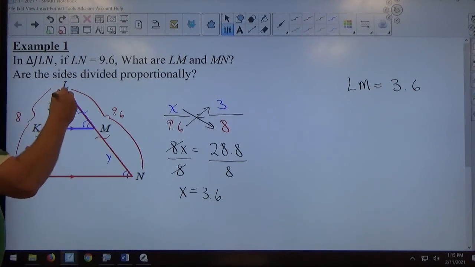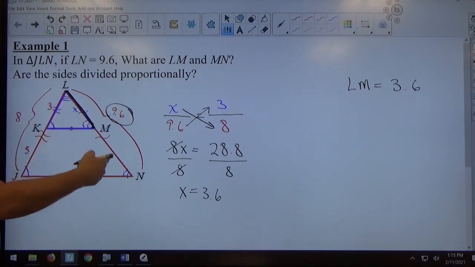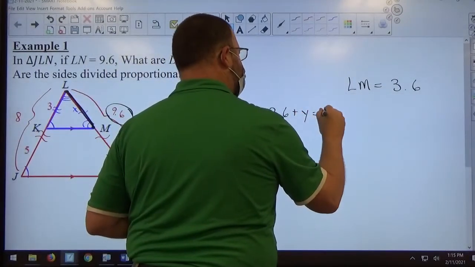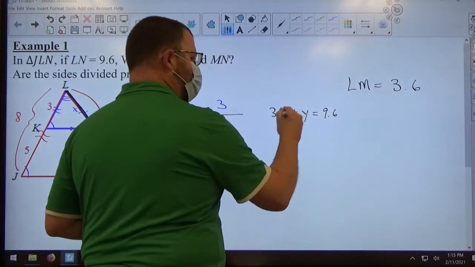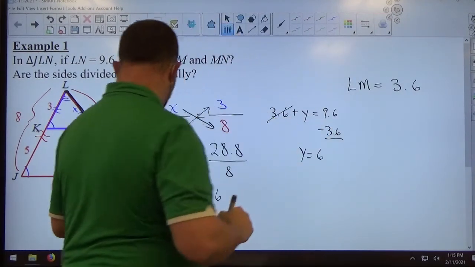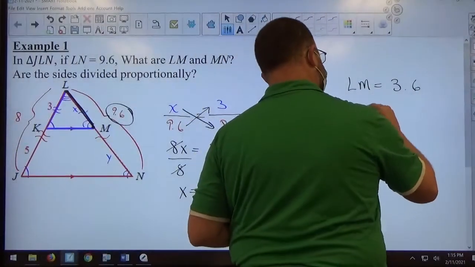Well, once I know that LM is equal to 3.6, and I know the whole side is 9.6, these two small pieces make the big piece, right? So 3.6 plus Y, which we don't know yet, is equal to 9.6. So Y would equal 6, and Y is representing MN, the other thing they asked me for, so MN equals 6.